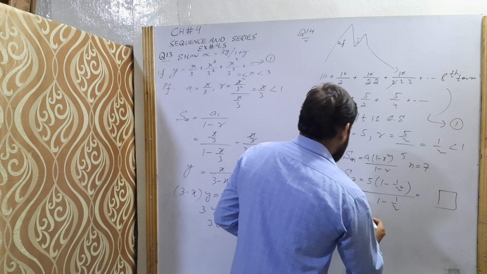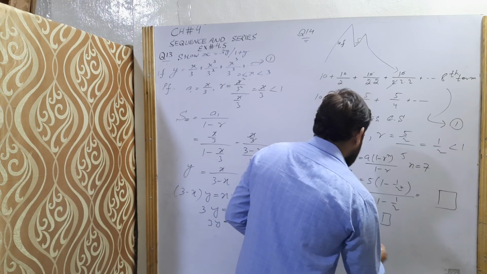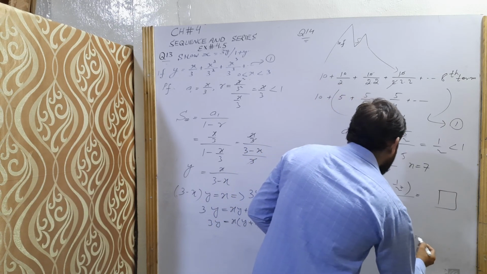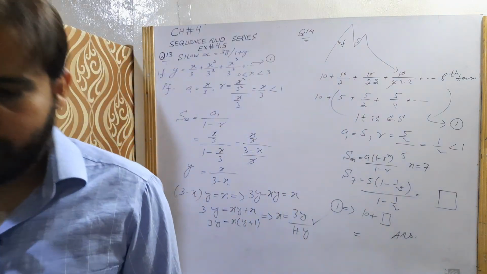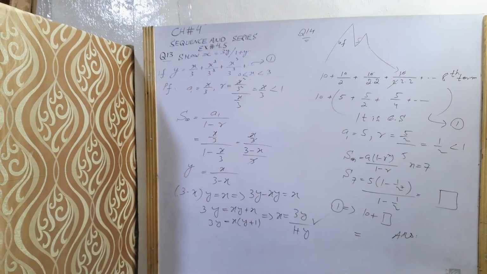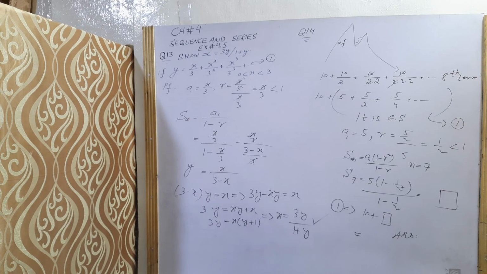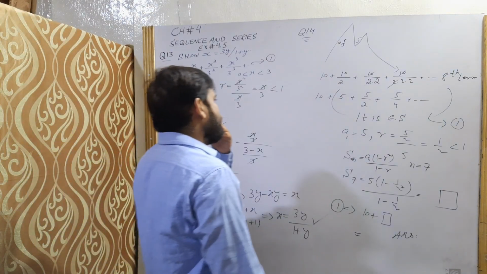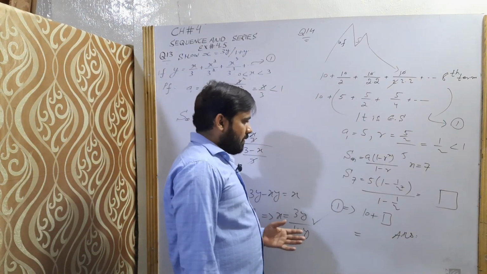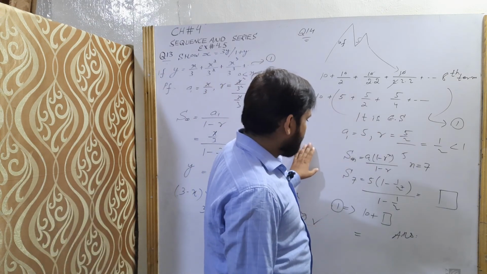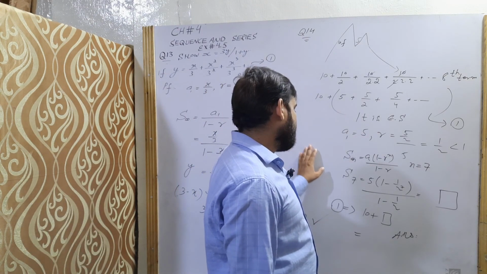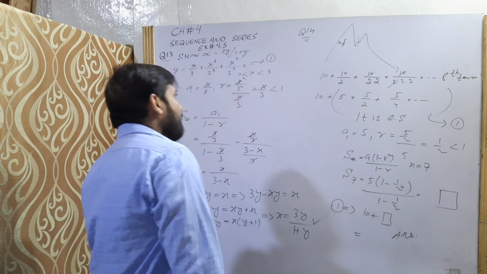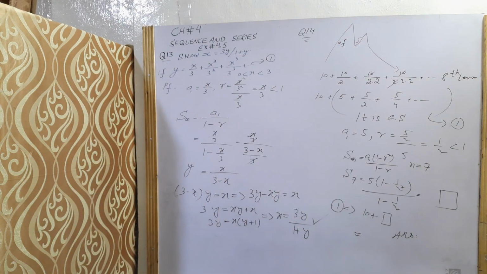So 10 plus this thing is basically the answer. After simplification you can easily get the answer, and it is all about exercise 4.5.